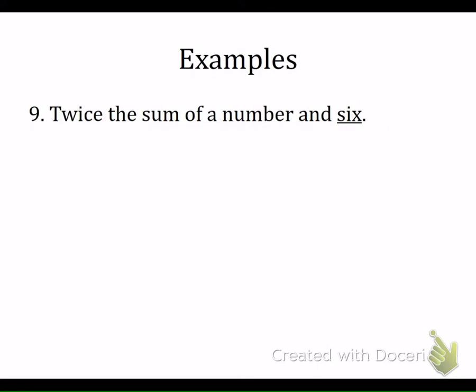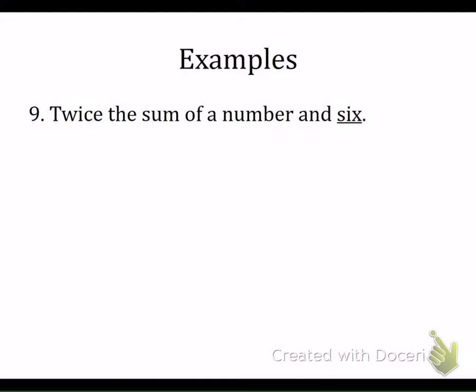Number 9, twice the sum of a number and 6. So as you're reading this, twice the sum of a number and 6, what does it want you to do first? Twice a number or the sum of 6 and a number? The sum. Yeah, they want to have twice that total sum. So if you write it without the parentheses, order of operations just tells you to do twice the number and then do the sum of 6, right?